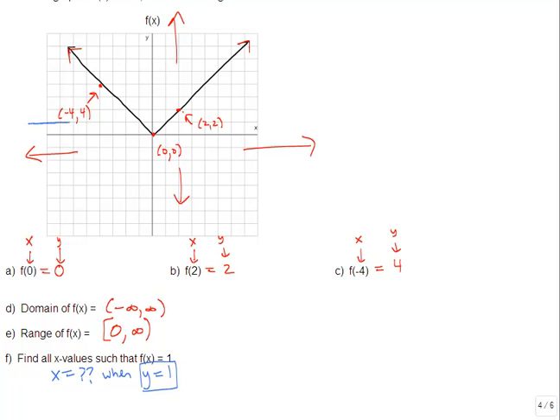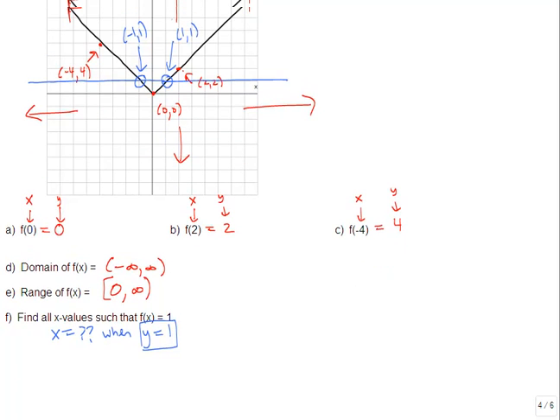So let's draw a horizontal line at a height of 1, and any place where that horizontal line intersects my graph, which would be right here and right here, those are the points on the original graph that have y values of 1. This point right here is negative 1, 1, and this point right here is positive 1, 1. So what are the x values when y was 1? Well, either x was negative 1 or positive 1.